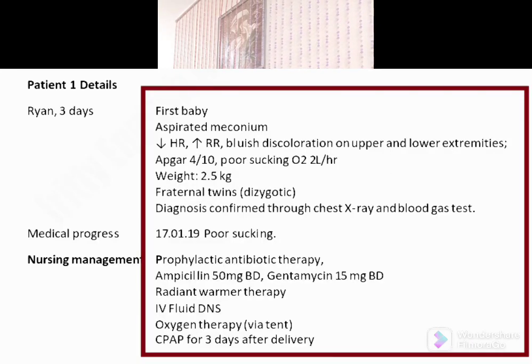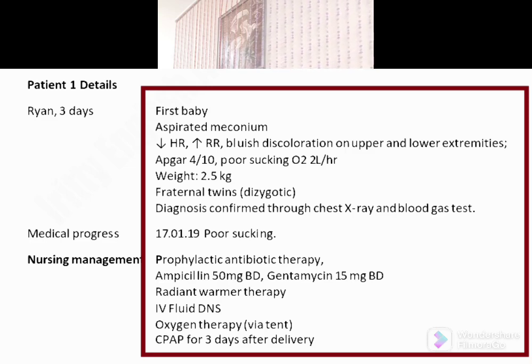And we can see the babies' case notes. The first baby is Ryan. Today he is 3 days old. The first baby aspirated meconium, and he has decreased heart rate, increased respiratory rate, and discoloration on upper and lower extremities. So the APGAR score was 4 out of 10. Poor sucking, and they have given oxygen therapy 2 liters per hour. His weight was 2.5 kg. They are fraternal dizygotic twins.